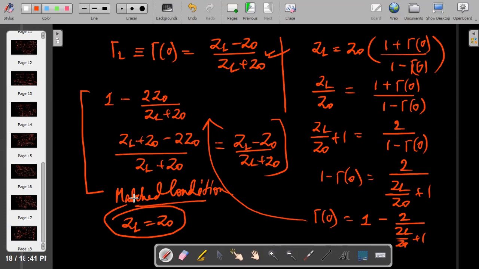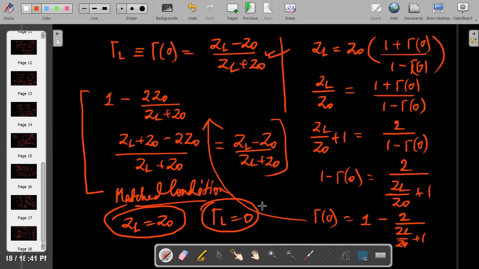Then we can say the condition is matched, and gamma is equal to what? 0. This 0 means what? Maximum power transfer, you remember. When you are transferring maximum power, there will be no reflection.